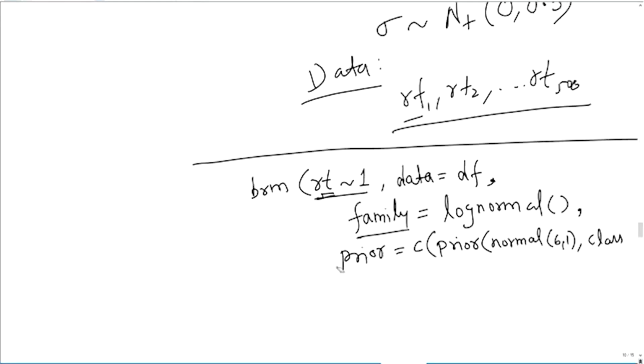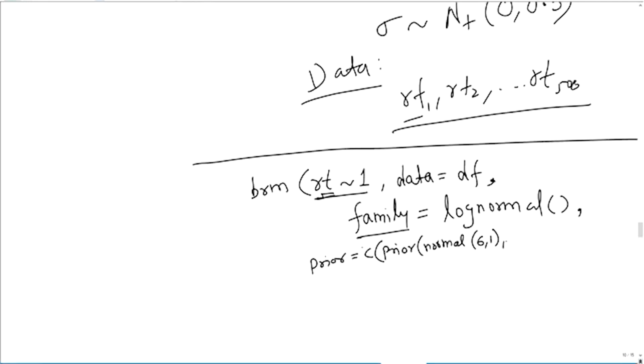Let me start slightly here, otherwise it will become difficult to write. Prior equals c(prior), the first prior is normal 6 1, and the class of this prior is intercept.